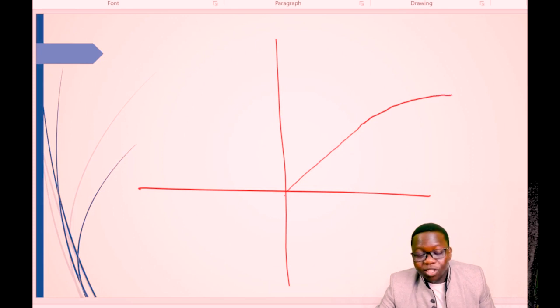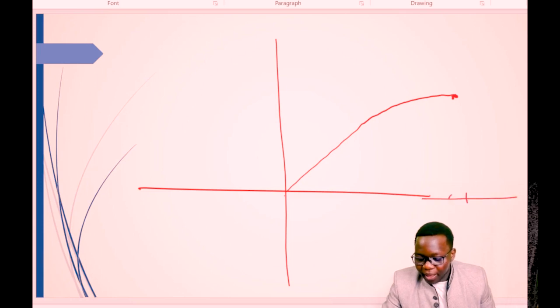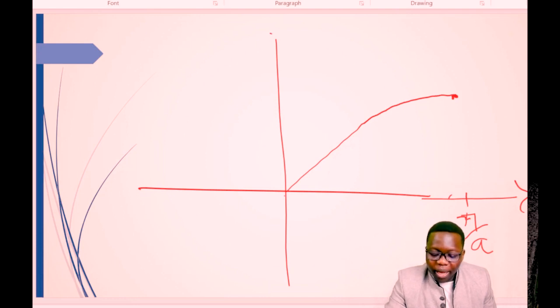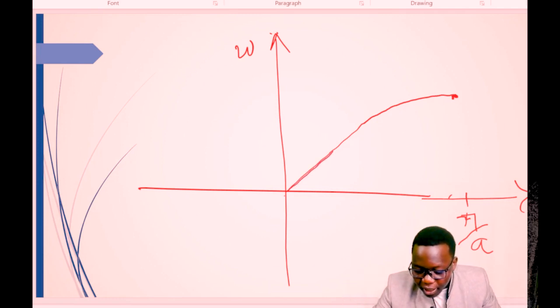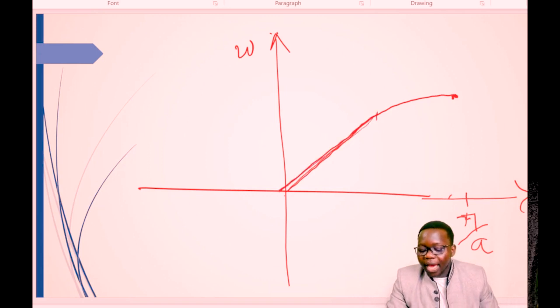Why? Because it's trying to attain now its maximum point at pi over a. So omega stops being a linear function of k. Initially, it was linear only at low frequency, but when the frequency becomes high enough, it starts curving. That's what it's actually trying to show us there.